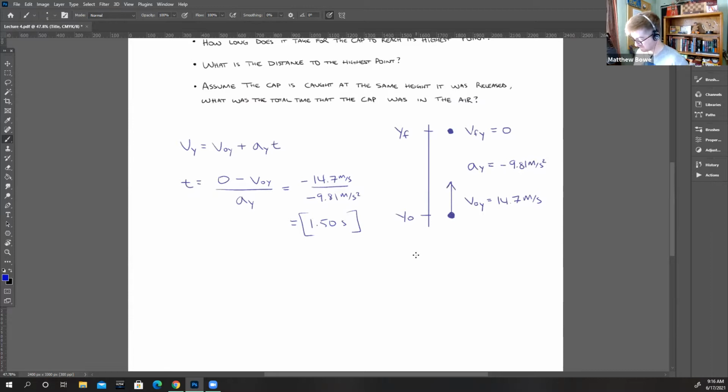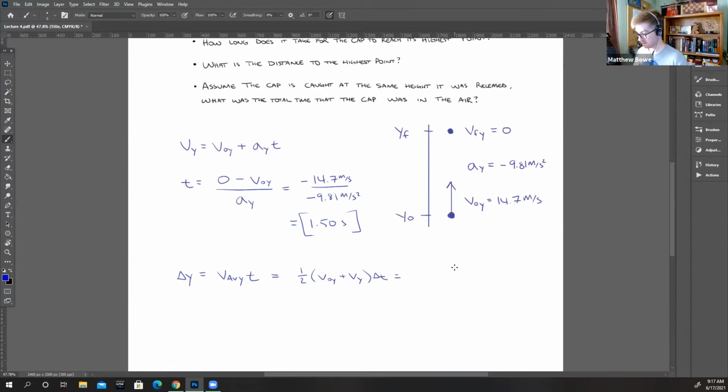Okay, what is the distance to the highest point? I'm going to use this equation right here. Delta y equals v average in the y direction times time, which equals 1/2 times initial velocity in the y direction plus final velocity in the y direction, times t.